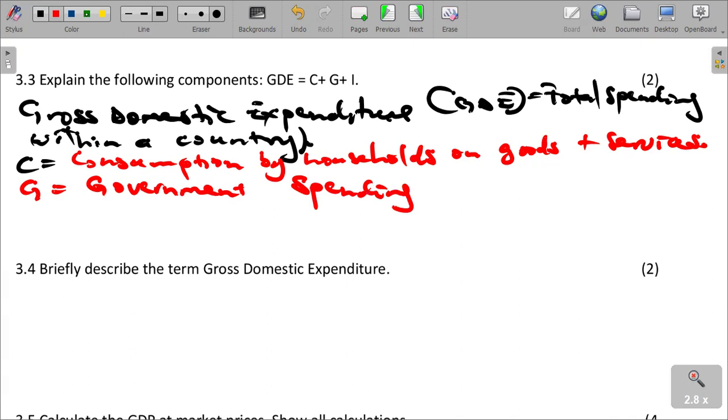And then we have I, which means investment, spending on capital goods, machinery, buildings and equipment.